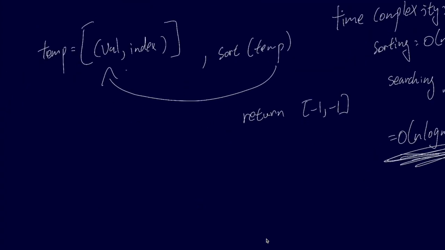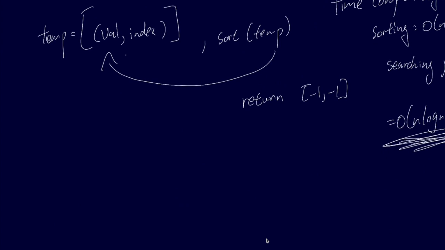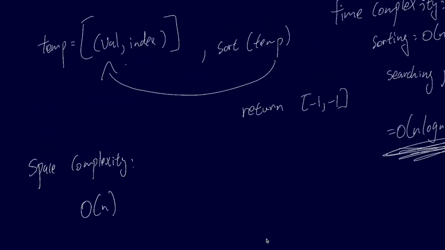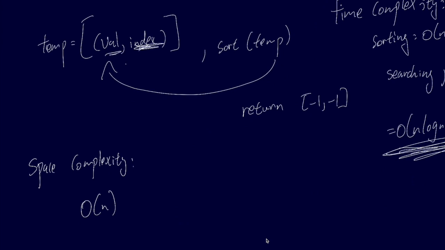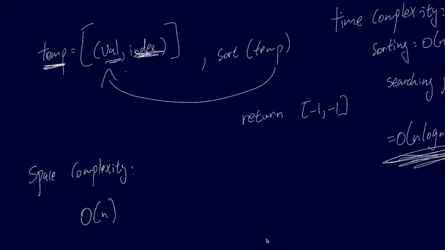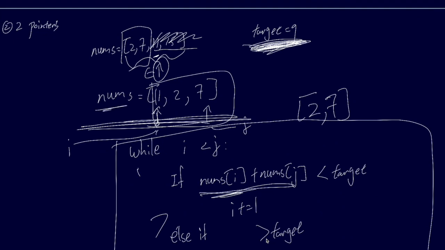And for the space complexity, we have O of n, because we store the value and index in a temp array that has length equal to the nums array.